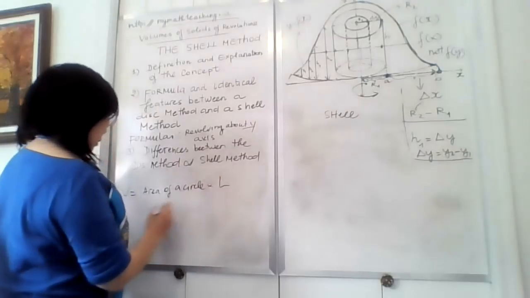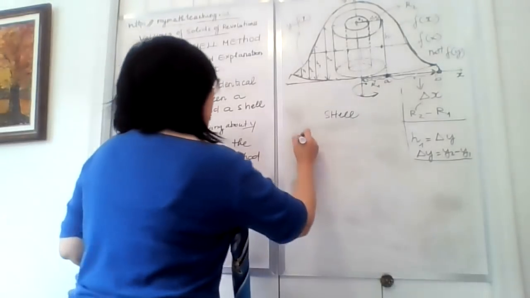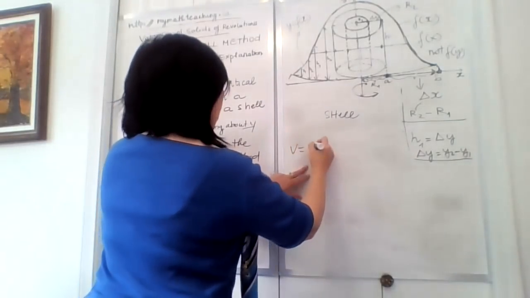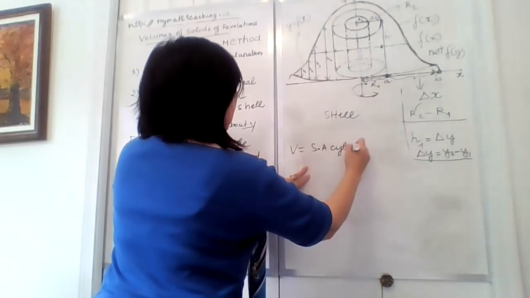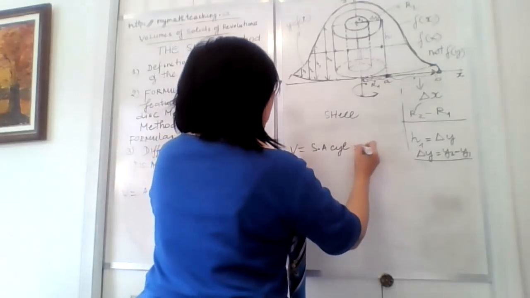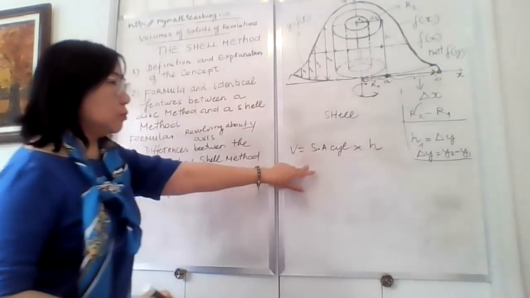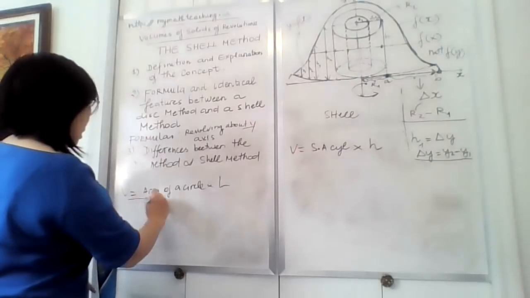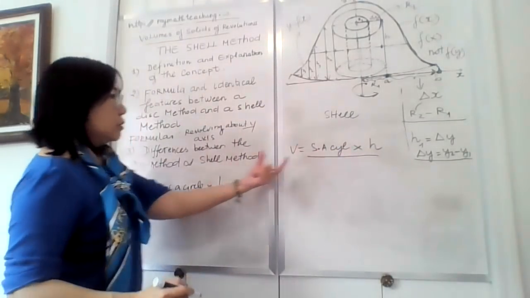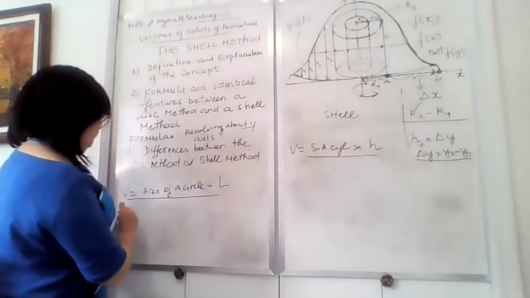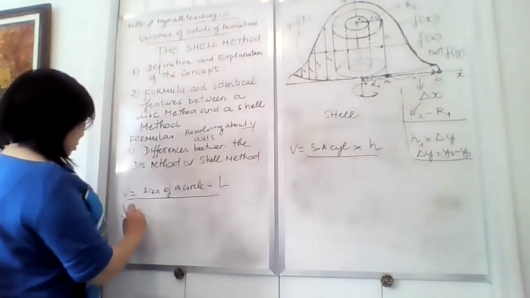Now for the shell, volume equals the surface area of a cylinder times the height. So you can see that the two are different: one uses the area of a circle and one uses the surface area of a cylinder. What else do we see?